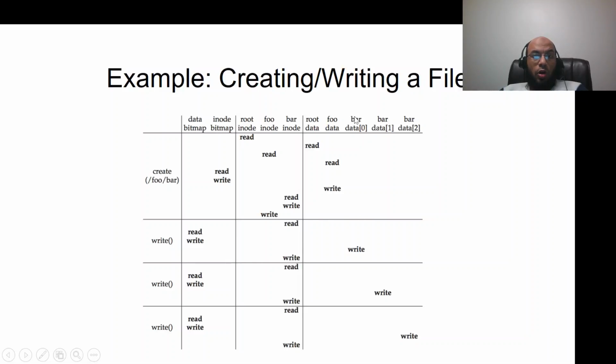Okay, so bar data 0 is now allocated here, and then in the next write you start allocating the second data block in the bitmap, and again you read and write to the bitmap. You read to find what data blocks are available, you write to say that this data block has been allocated now. Okay, and you go on until you allocate all the different data chunks that you need for your file.